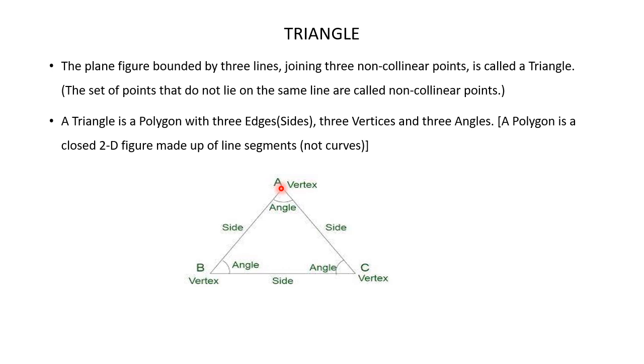Those are AB, BC and CA. Three vertices which are A, B and C, and three angles, angle A, angle B and angle C. So a triangle has three sides, three vertices and three angles.